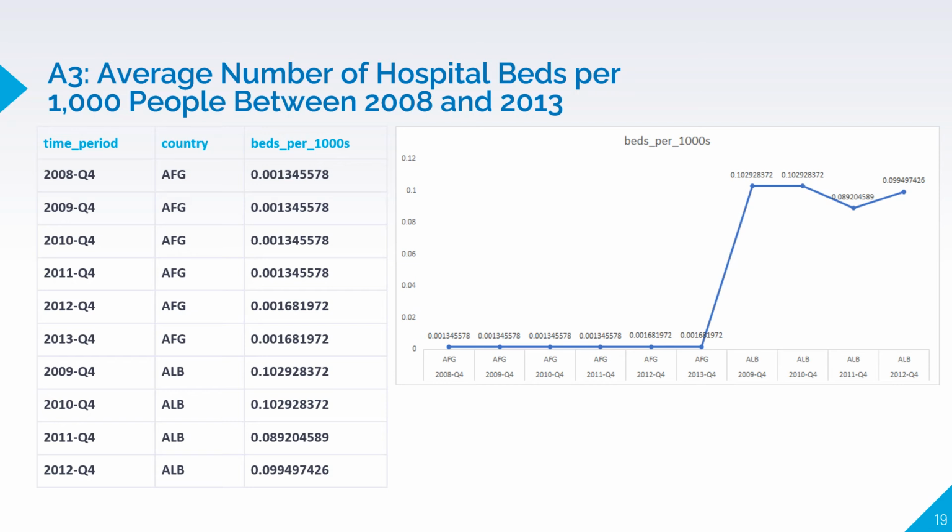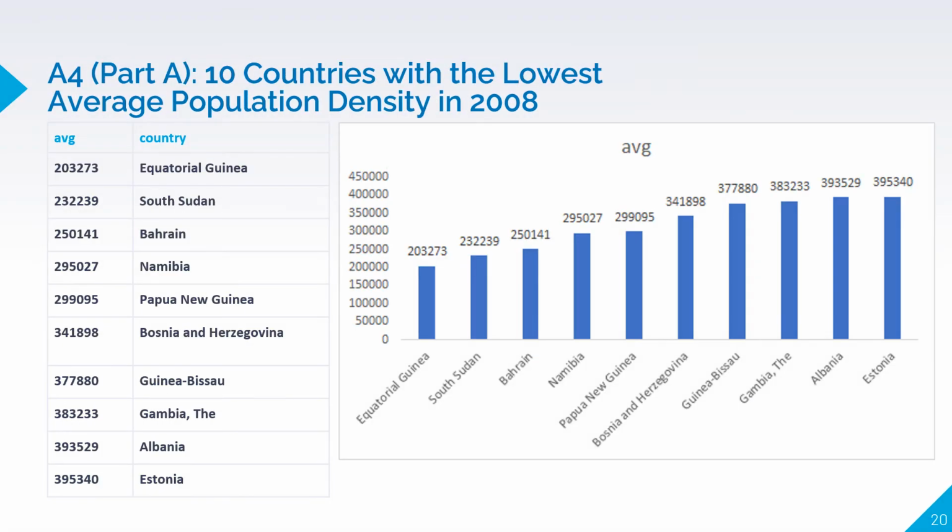Part A of question 4 analyzed 10 countries that had the lowest average population density in 2008. In addition, we looked into the same metric in 2013 when the stock market recovered. In 2008, the lowest population was found in Equatorial Guinea at 203,273.